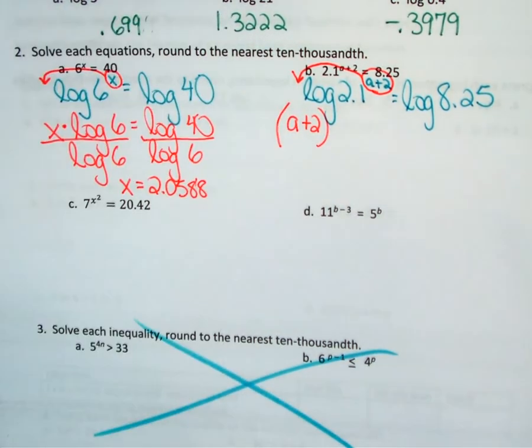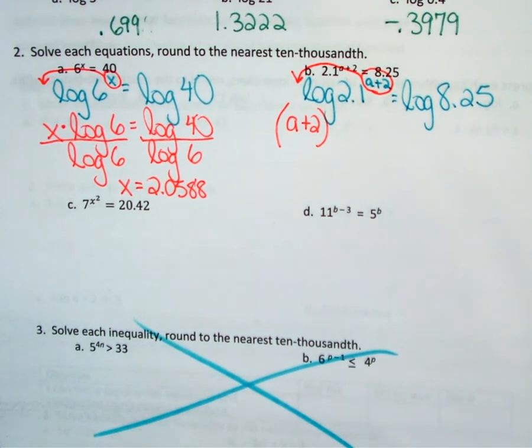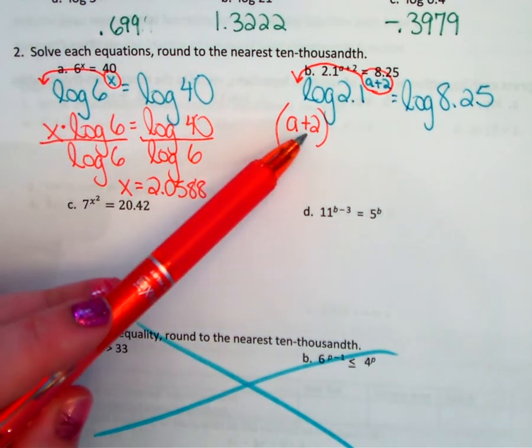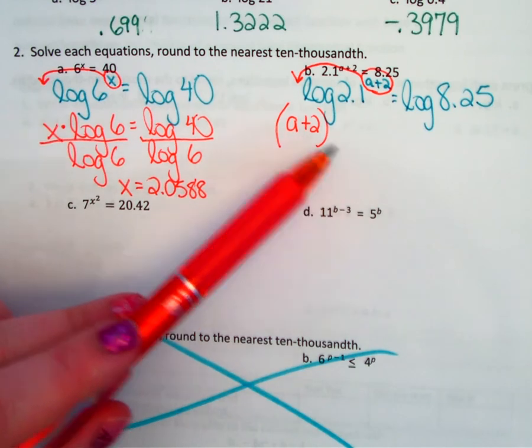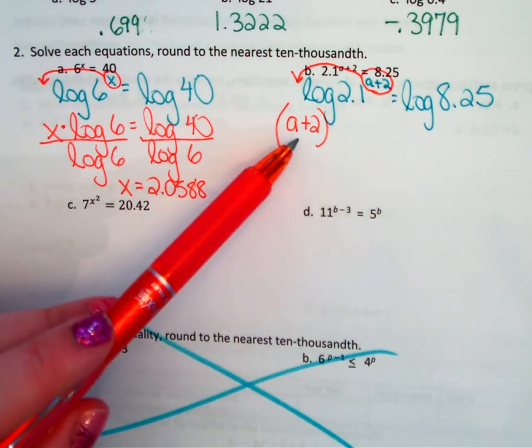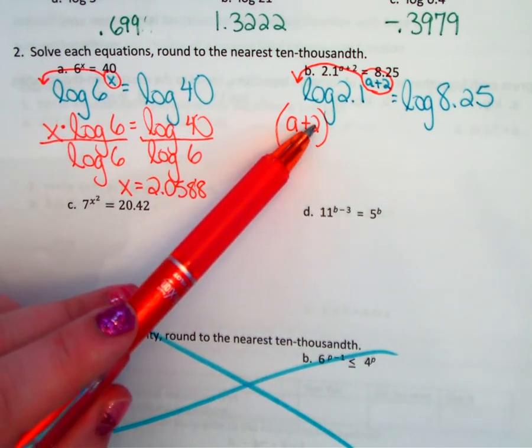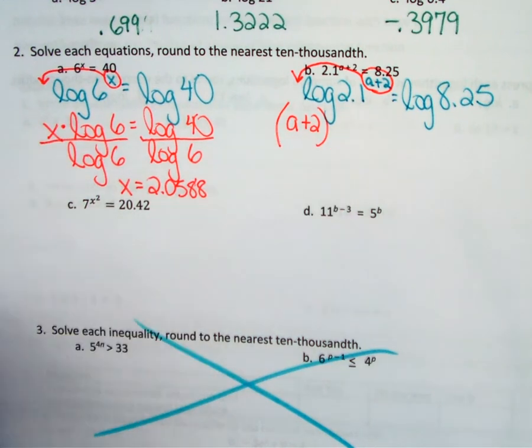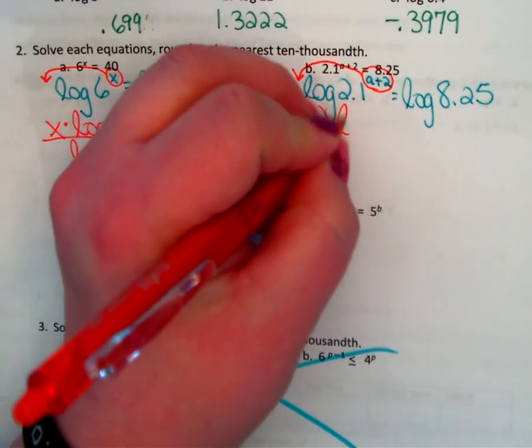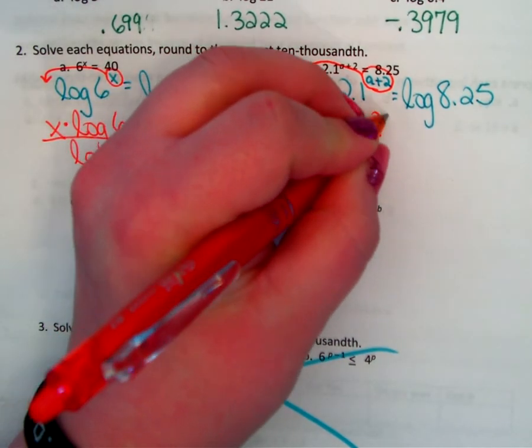So I have a plus 2 in front. Notice I have it in parentheses. That is very important because this whole a plus 2 is multiplied by the log. If I don't put parentheses around it, then I would only have the 2 multiplied by the log.